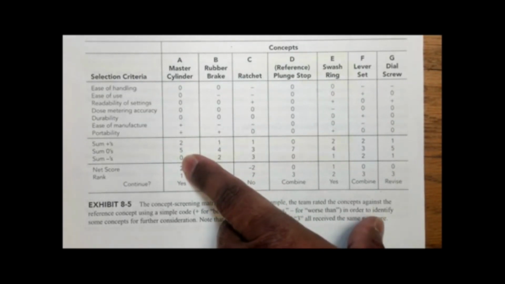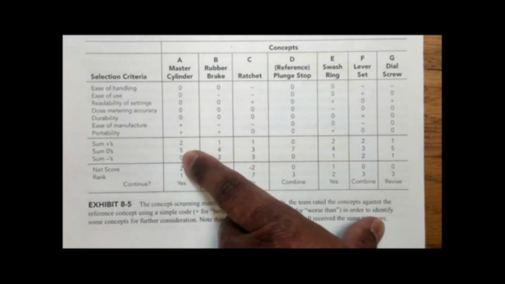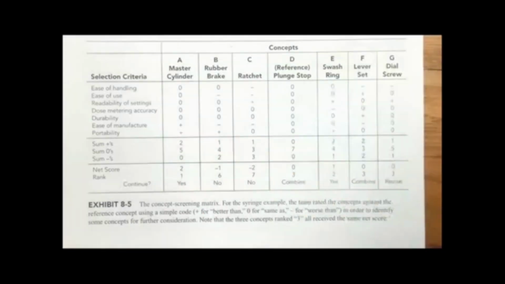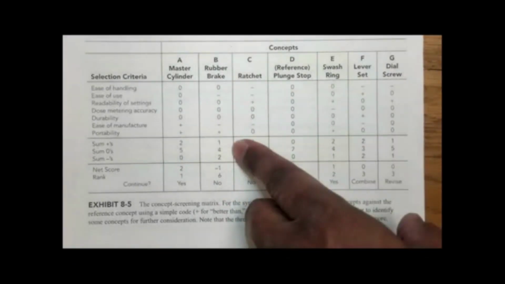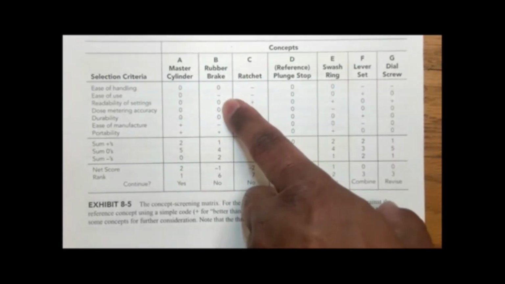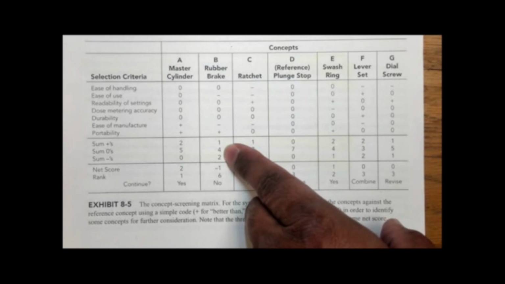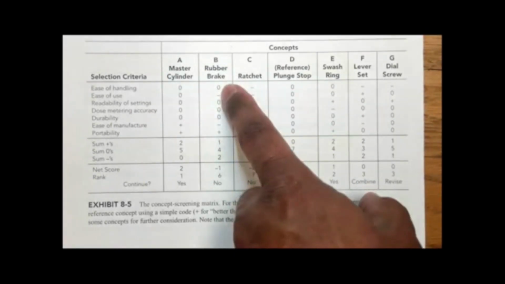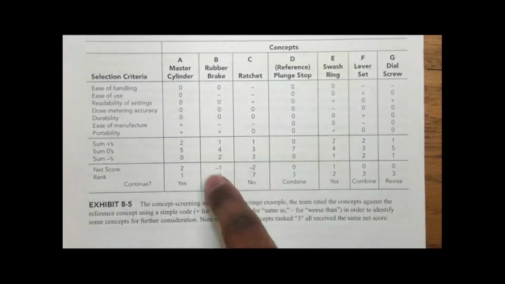So the net score is a 2 because you got 2 pluses. So it's a 2. The others are zeros. Likewise, if you go to the next column, you got 1, 2, 3, 4 zeros. You got 1 plus and 2 minuses. 2 minuses, 1 plus. So the net is a minus, or rather a -1. So these are your net scores.